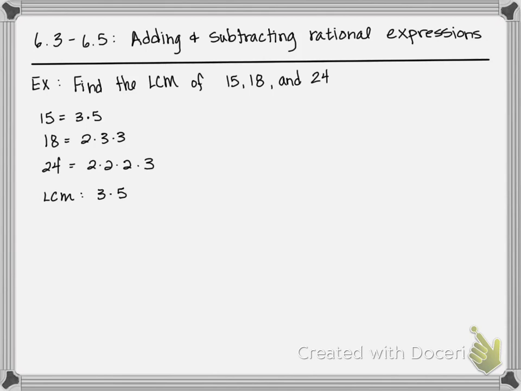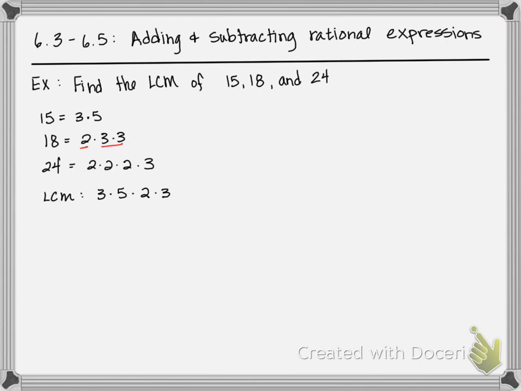So we started with the factorization of the first one, and then we said, okay, we need a 2. If we look at the second one, we need a 2 and we need 2 3s. So a 2, and then we already have 1 3, so we need 1 additional 3.